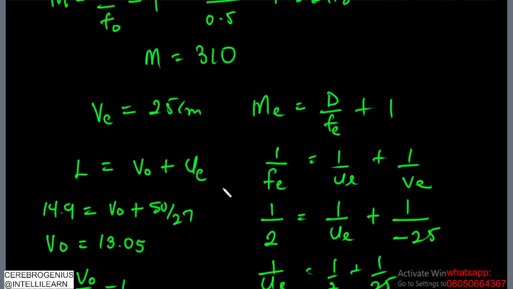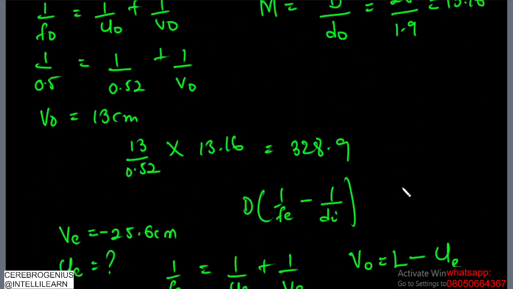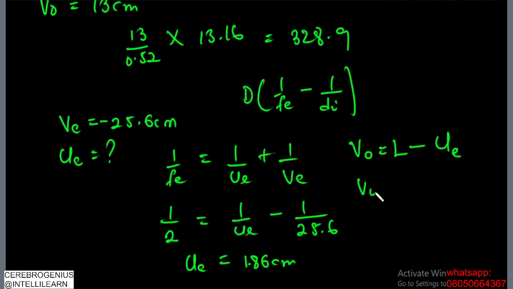So the length is 14.9 minus UE. Now UE is 1.86. So we get 14.9 minus 1.86, which is 13.04.